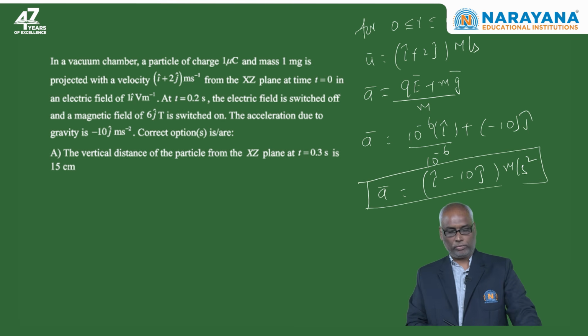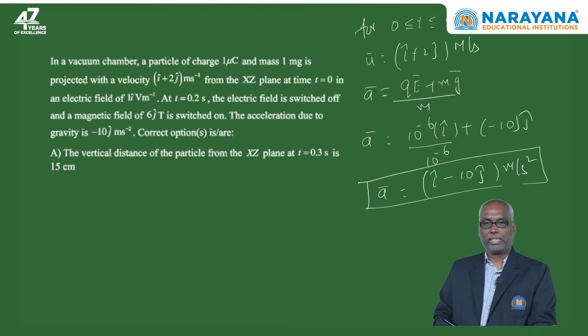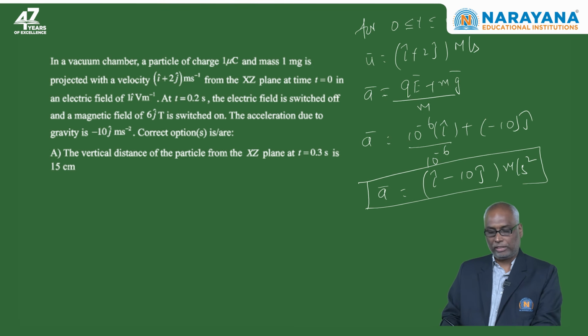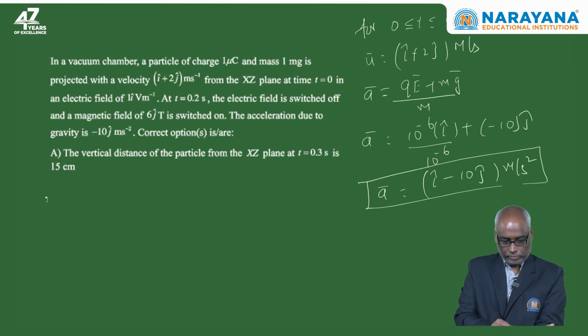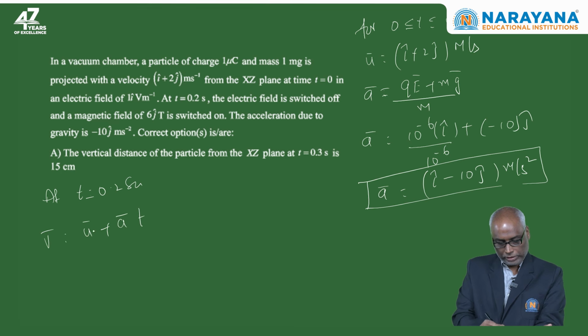We know initial velocity, we know acceleration vector. So, let us calculate the velocity at t equal to 0.2 seconds. At t equal to 0.2 seconds, velocity vector is equal to u bar plus a bar into t. That should become equal to u bar, which is i plus 2j, plus acceleration, which is nothing but i minus 10j, into time, which is 0.2 seconds.